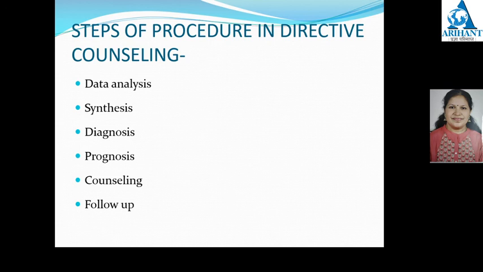Whatever data we get through this process, that data will be analyzed in this stage. Then synthesis. In this stage, the analyzed data will be synthesized, means summarized, concluded, to find out the problem. Diagnosis. Here, problem will be found out and goals will be decided.